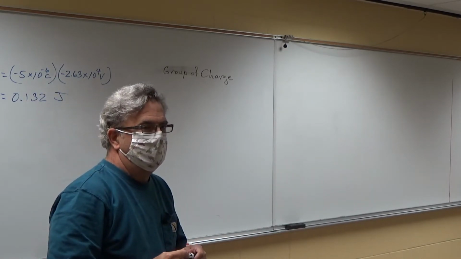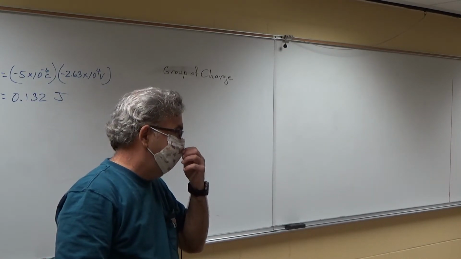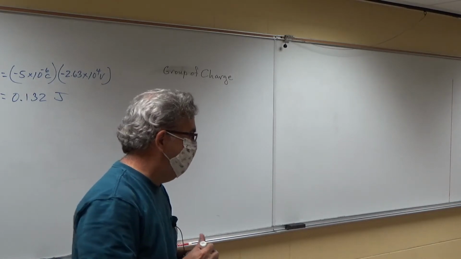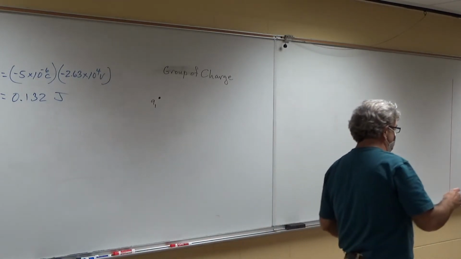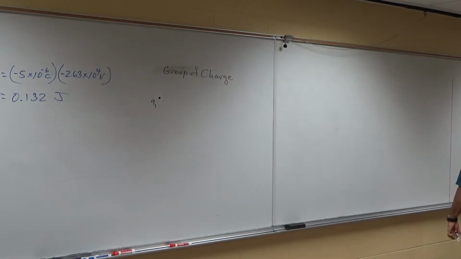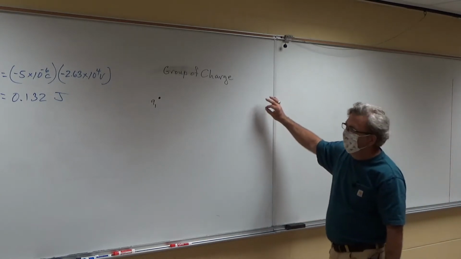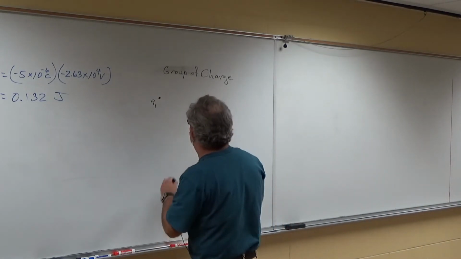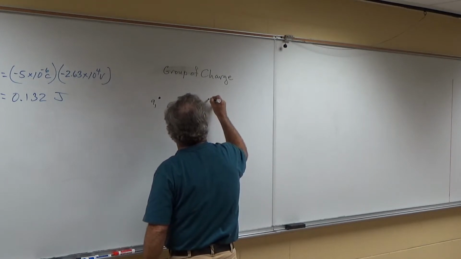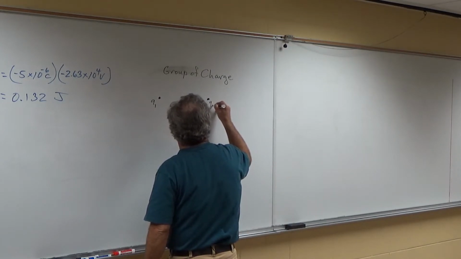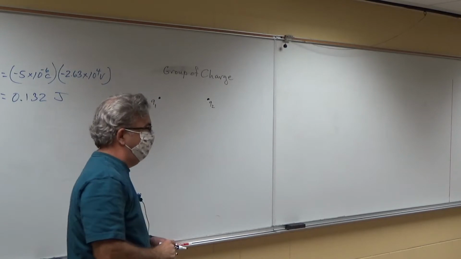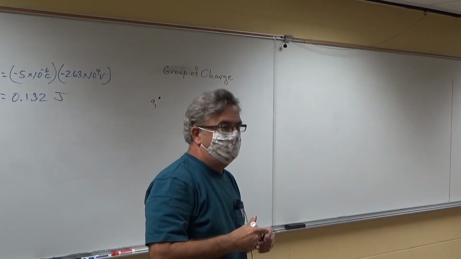Then another charge magically appears out at the edge of the universe. And I bring that charge in from infinity. Let's say they're both positive, they don't have to be. I place it right there. If I brought that charge in from infinity and placed it there, I had to do some work.